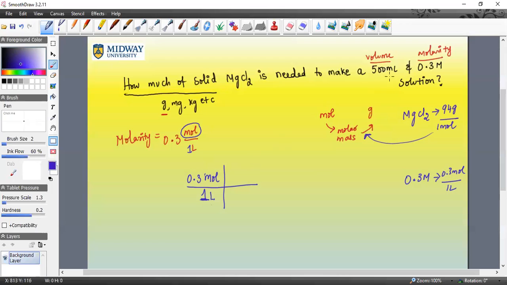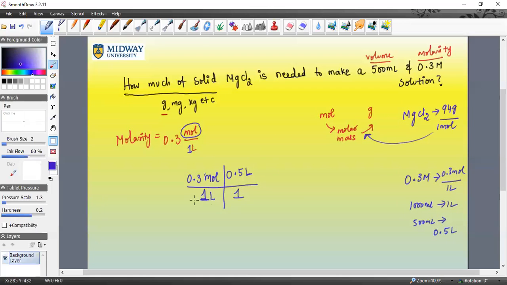And so we have to convert this 500 mL to liters. If you do the conversion, 1000 mL is 1 liter, so 500 mL would be 0.5 liters. So 0.5 liter goes to the top. There's nothing to put at the bottom, so just put a 1.